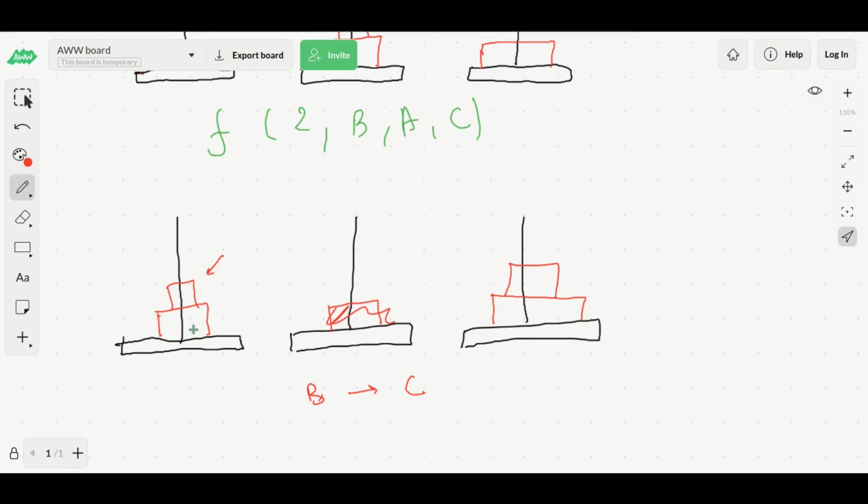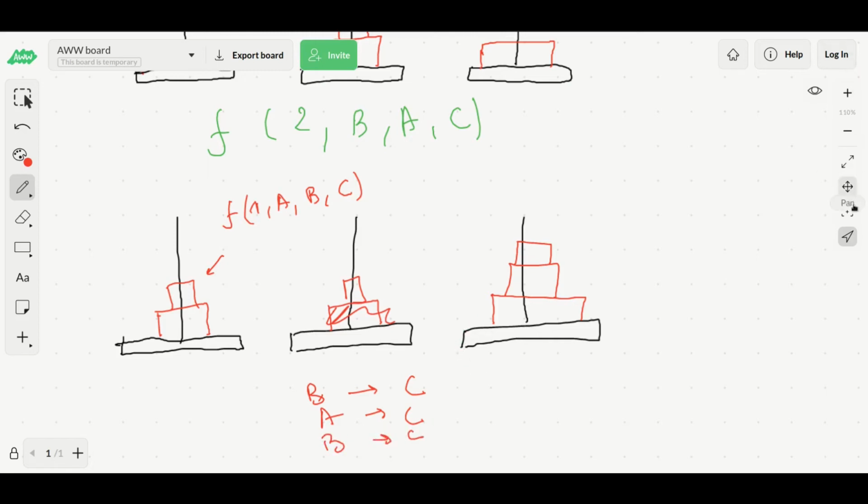In order to free this disk, we'll need to move this upper disk here. So we'll have f of 1, A, B through C. This will move this disk here. Then we will move this bottom disk from here to here, so that would be A to C. And by then this disk will be here. So the last move will be B to C.